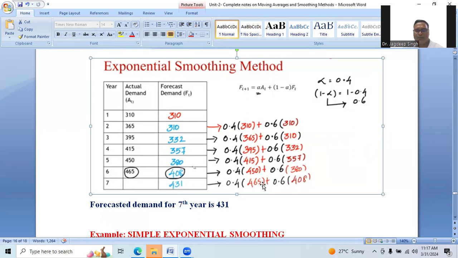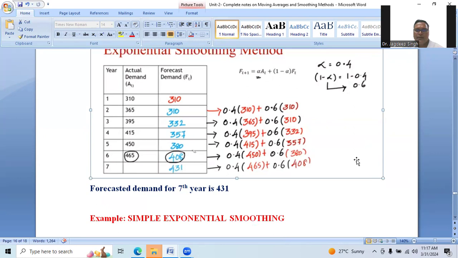So we put in the formula 0.4 multiplied by 465 plus 0.6 multiplied by 408, and it will give us 431. So 431 will be the seventh period forecast. So this is it. You can practice. Thank you very much.